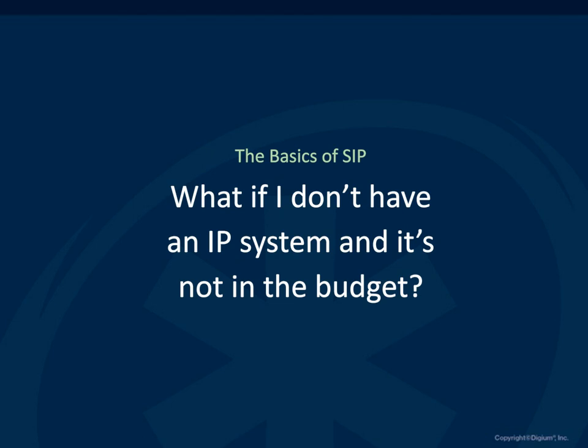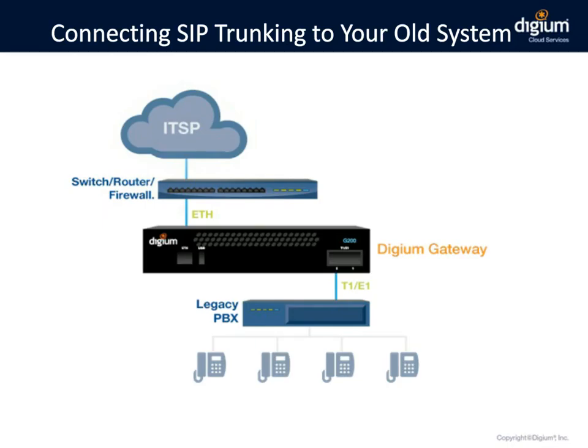Well, it is absolutely possible to do so. What you need in order to make that work is what's called a gateway. A gateway allows you to connect SIP trunking services to legacy phone systems, digital or analog. If they have a PRI or T1 connectivity for that PBX or phone system, you can connect a gateway, PRI, to that legacy PBX, and then SIP trunking can connect to that gateway.